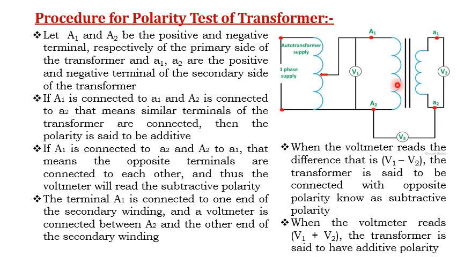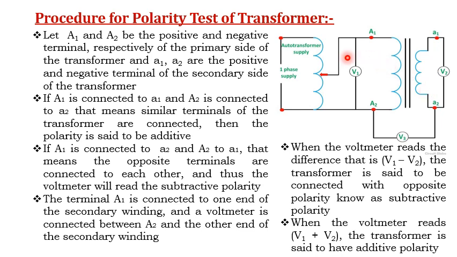How can you perform it? Let us consider a transformer. It consists of two windings, a primary winding and a secondary winding. Both windings have two terminals: capital A1 and capital A2 are the two terminals of the primary winding, and small a1 and small a2 are the two terminals of the secondary winding.